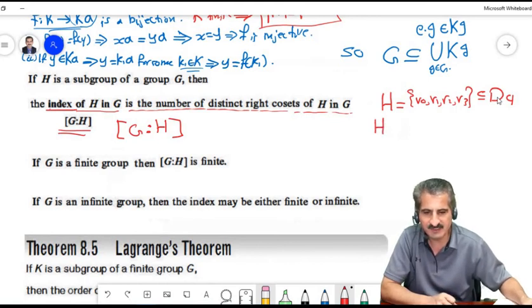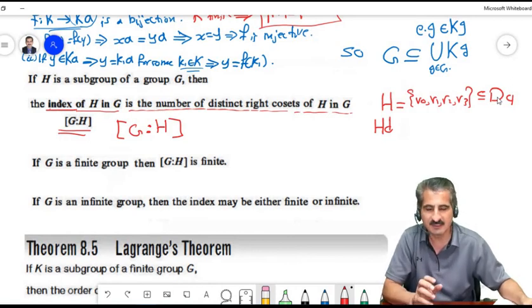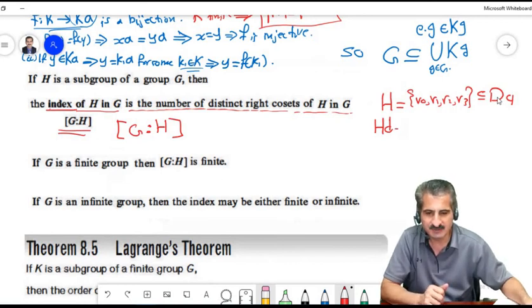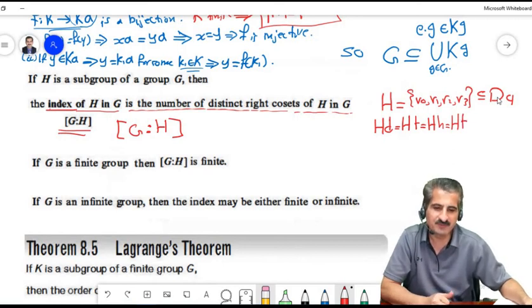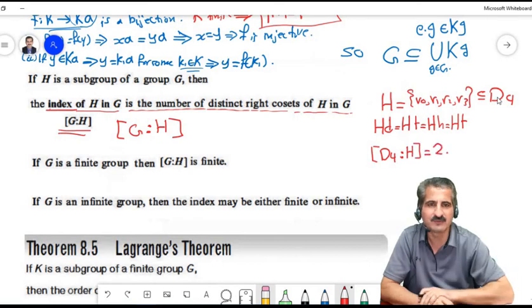To find the right cosets, we just take H and multiply it with any other element from outside it, and the elements from outside it here are D, T, V, and H. But we have seen that all of these give the same right coset. So we have two different right cosets, and actually the index of H in D4 equals 2, because we only have two right cosets.